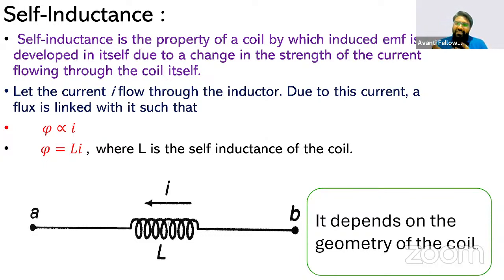But this induction is happening because of self nature, in itself only, inside the loop only. So that is why it is termed as self-inductance. So self-inductance is the property of a coil by which induced EMF is developed in itself due to change in the strength of current flowing through the coil itself.